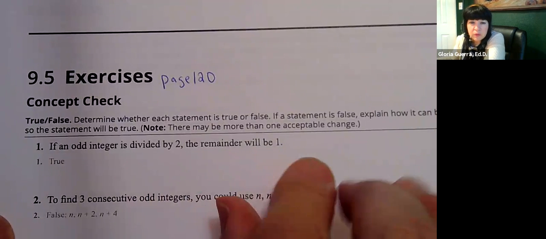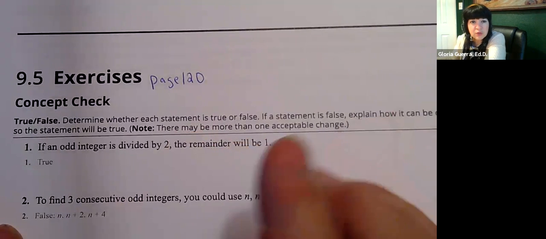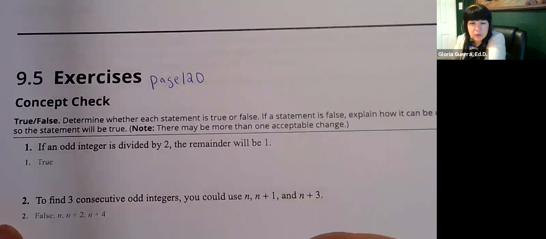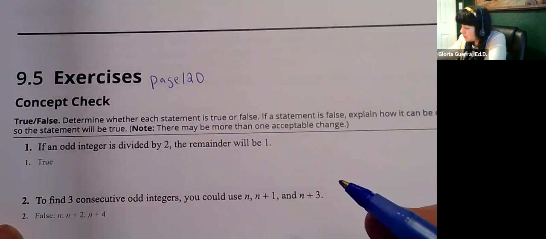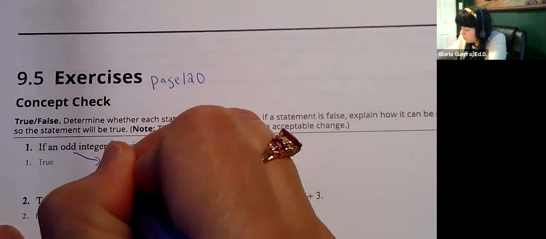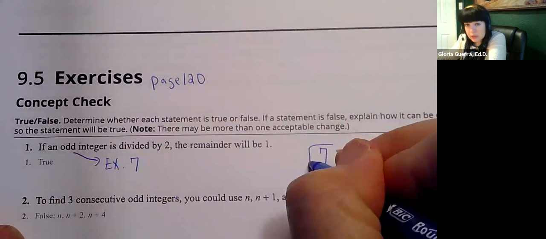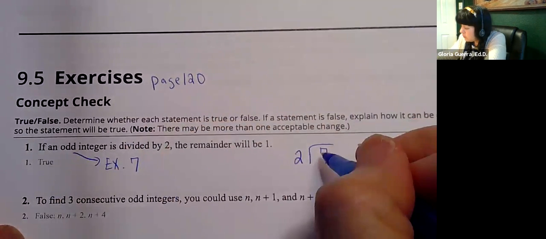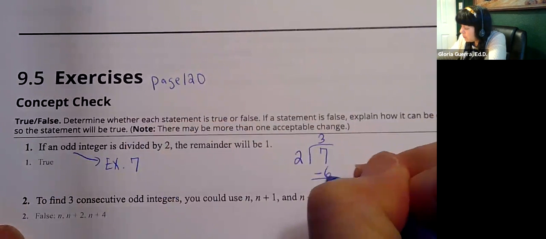Okay, well, the only way to show that, think about if it's true or false, is to actually do that. Think of an odd integer. So think of, for example, 7, right? 7 is odd. So an odd integer, example of that would be 7. Now divide it by 2. 2 goes into 7 3 times. 3 times 2 is 6. And look at the remainder.